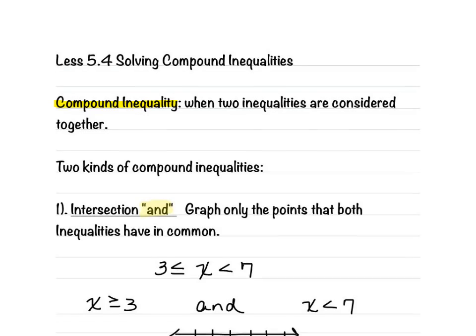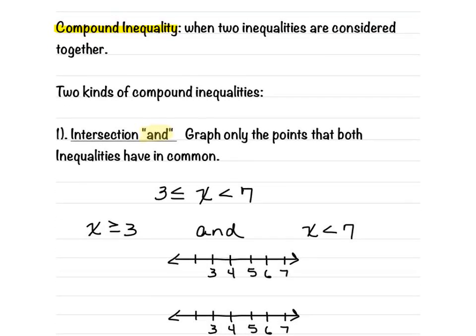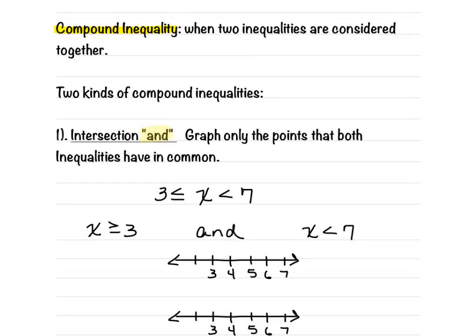The first is the intersection inequality, and the key word that you'll look for to identify it is the word "and." With an intersection type of inequality, you will graph only the points that both inequalities have in common.